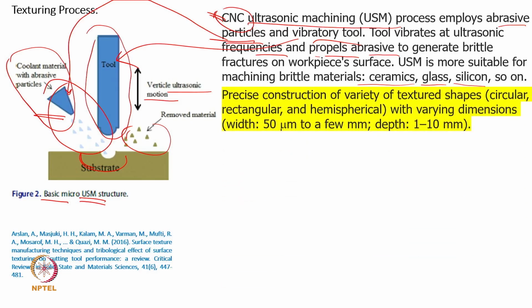Now, this kind of process can be utilized for a number of shapes, like a circular shape, rectangular shape or hemispherical shape, and the dimensions can cover a significant range, something like 50 microns to a few mm, and depth can also go to 1 to 10 mm.